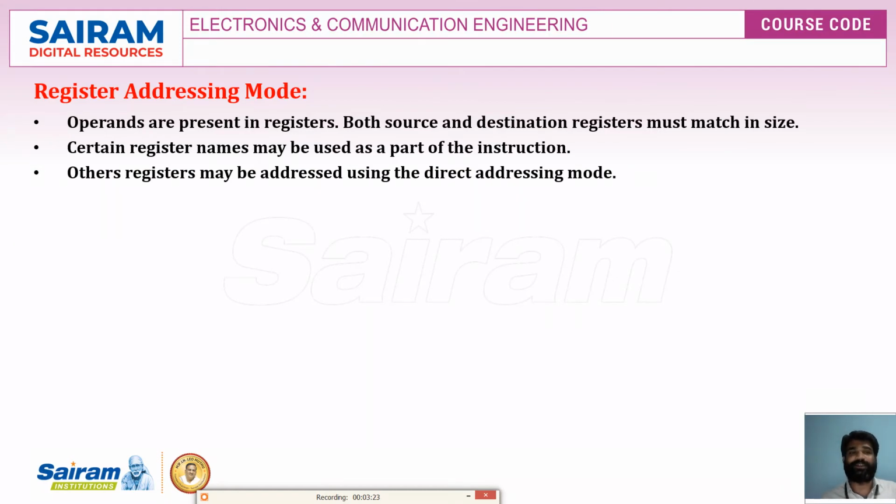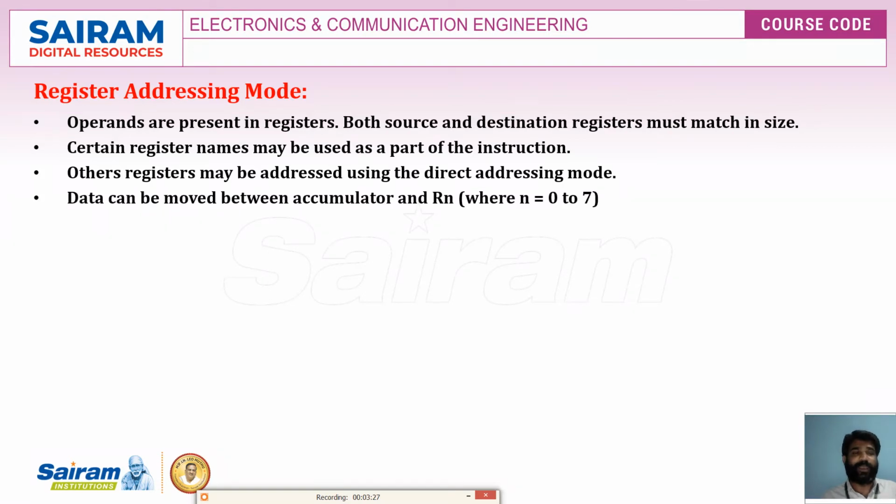Other registers may be addressed by using the direct addressing mode. Data can be moved between the accumulator and any register Rn, where n is 0 to 7, that is R0, R1 up to R7. But movement between general purpose registers, that is Rn to Rn, is not allowed.